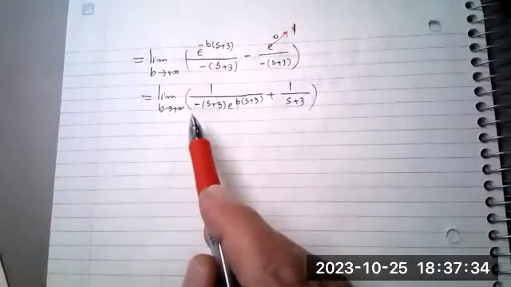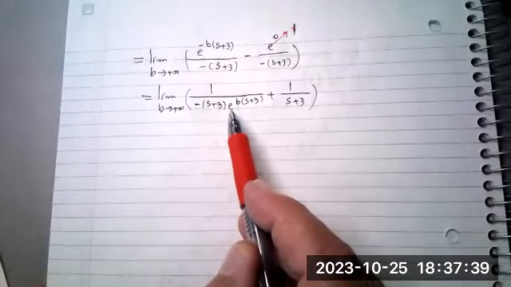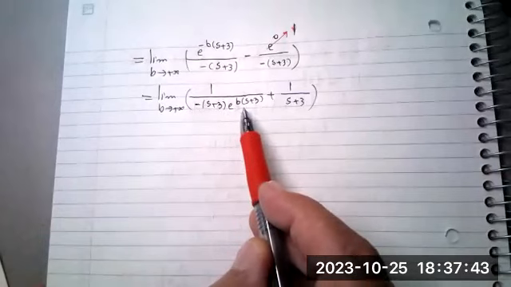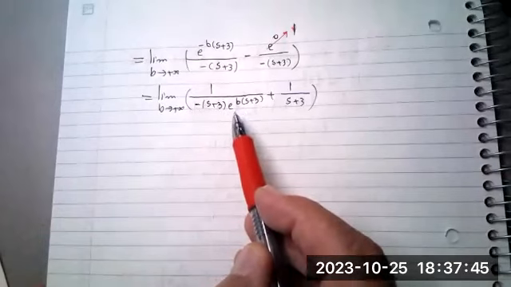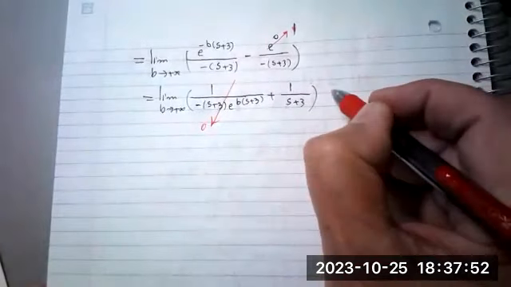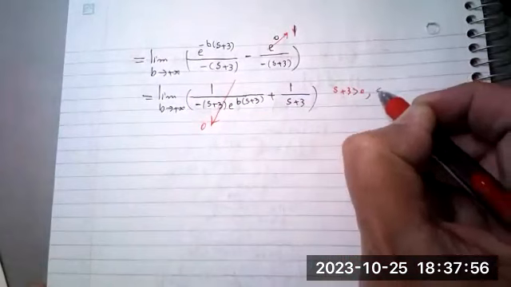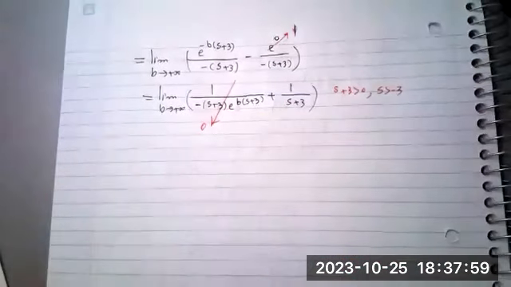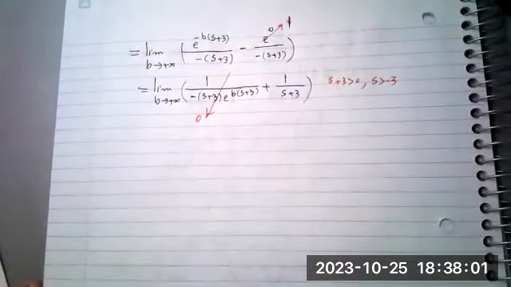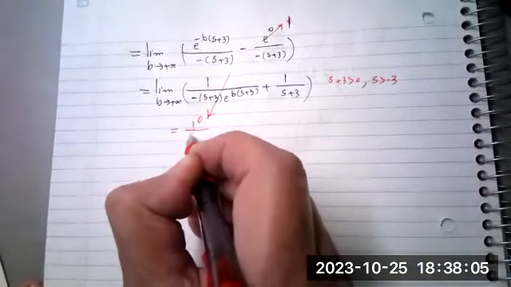You have it in the denominator if the power is positive. b is already positive, so what's the condition that we need? s plus 3 must be positive. This means s must be greater than negative 3. So this goes to 0 if s plus 3 is positive, which is the same as s being bigger than negative 3. This is the way you impose the condition. In that case, the result would be nice: 1 over s plus 3.